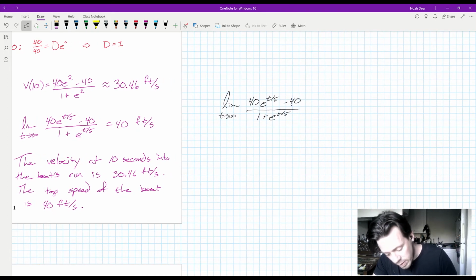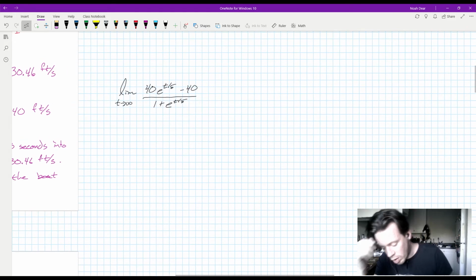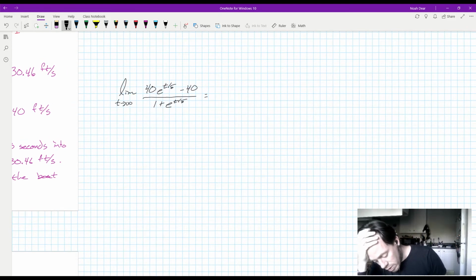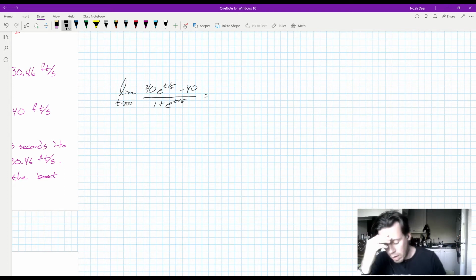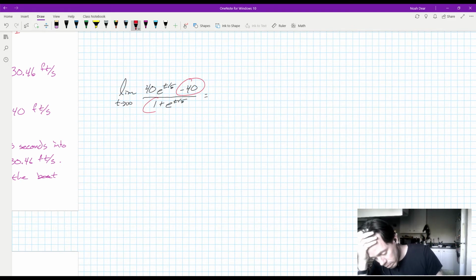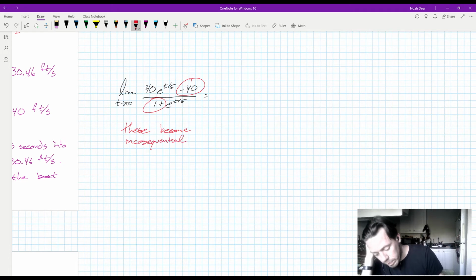The way that we want to address this here, zoom in on this problem, is that the constants, the 1 on the bottom and the negative 40 on top, are going to become inconsequential as t gets really big.